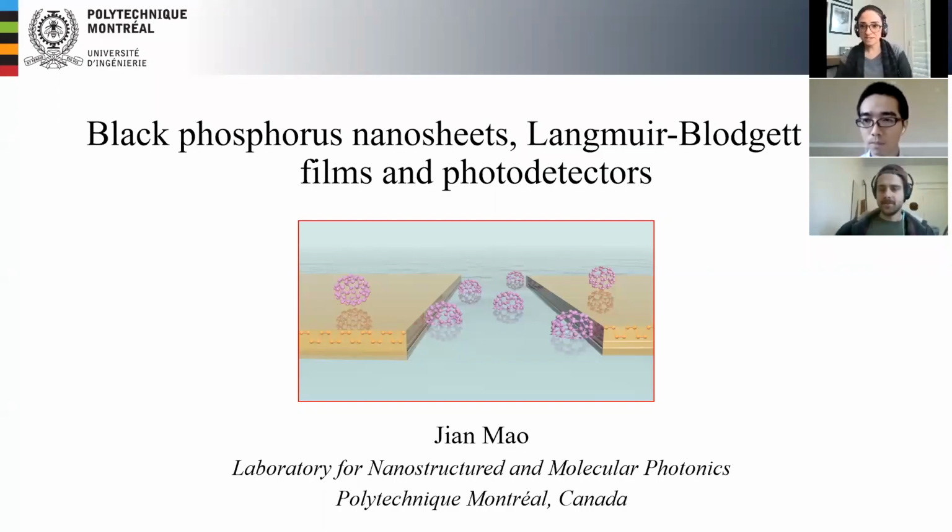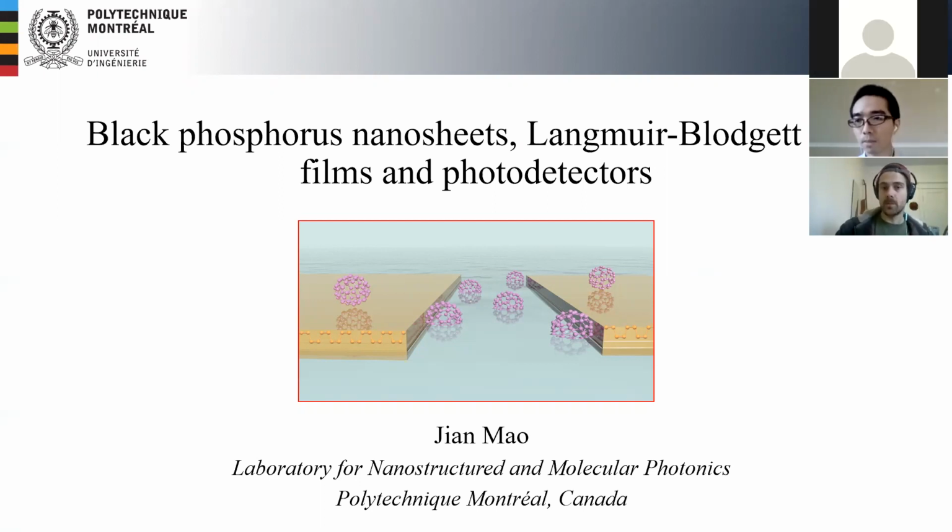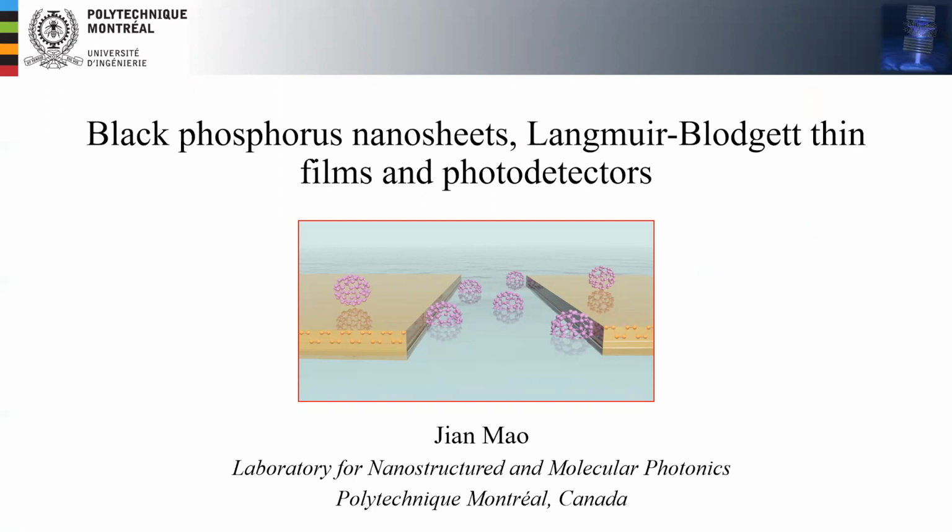Yes, it starts. So it's a pleasure for me to receive Jian Mao today for the presentation of the RQMP. Jian did his undergrad at the Huazhong University of Science and Technology in China, and he finished his PhD at the University of Hong Kong in 2018.